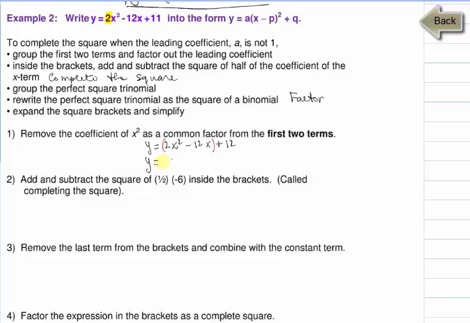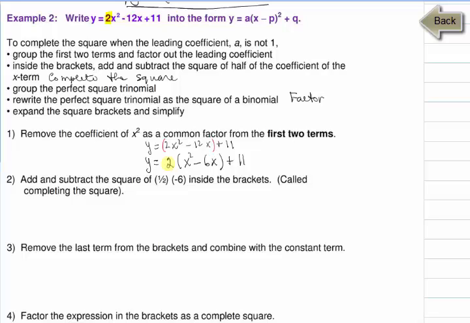That means we want to factor it out. So we're going to factor out a 2. That leaves us with x squared minus 6x. Oh, this should be an 11, right? Okay, plus 11. So we've completed our first step. We've grouped our first two terms and we factored out a 2.